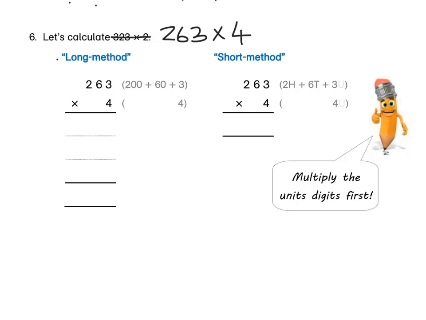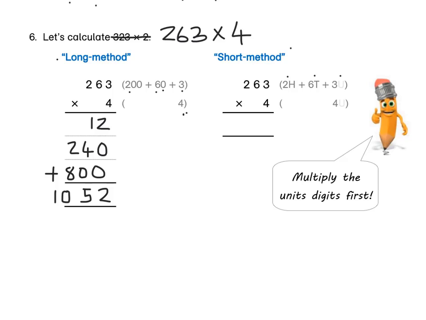So we always start with our units first. 4 times 3 is 12, we write it there. 4 times 6 is 24, times 10 is 240, that's where the 0 comes. 4 times 2 is 8, times 100 is 800. Now all we need to do is add up 2 in the units, 5 in the tens, and 10 in the hundreds to give 1052.